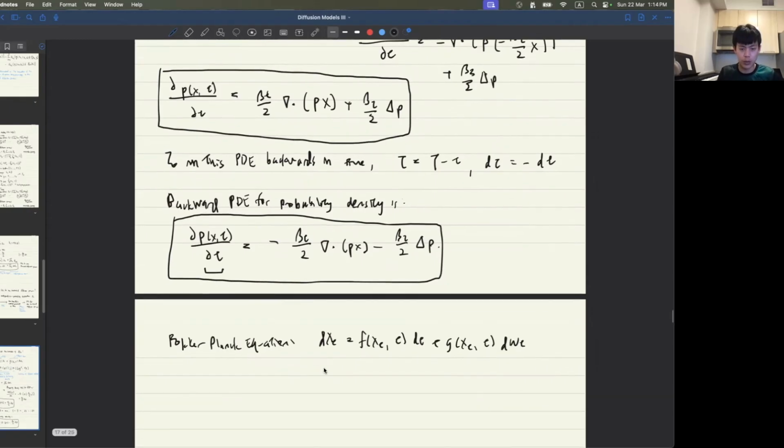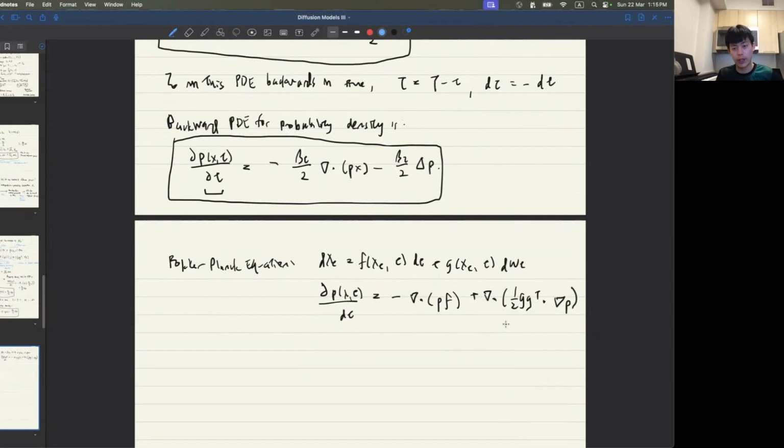And this corresponds to the probability density PDE, which is partial p(x,t) dt is equal to minus the divergence of pf plus the divergence of the diffusion tensor dot product with the gradient of p.